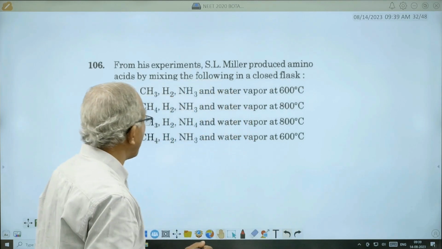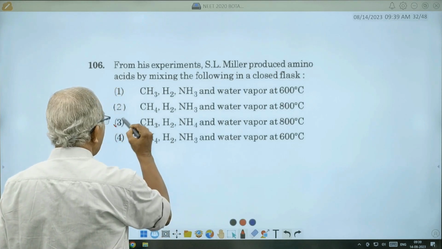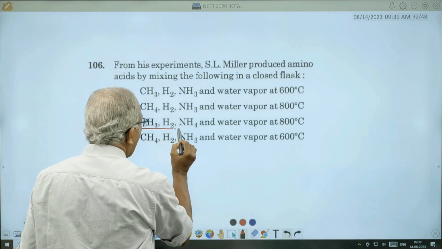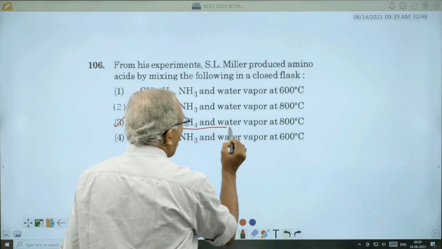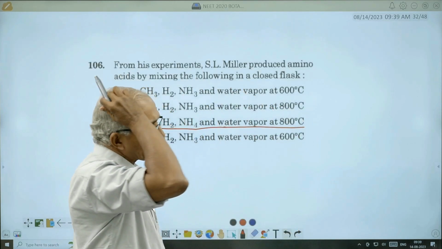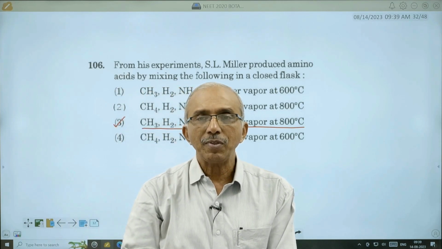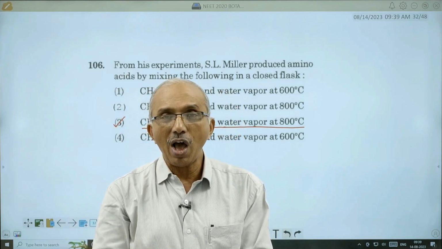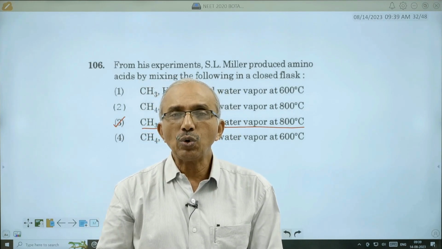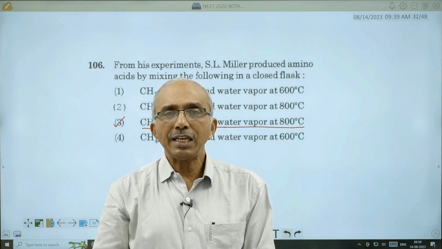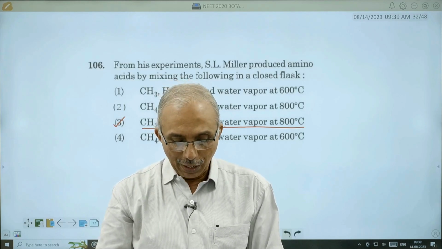answer is option 3: methane, hydrogen, ammonia, water vapor, kept at 800 degrees Celsius. In his experimental apparatus, he took some components and mimicked the atmosphere of primitive Earth.